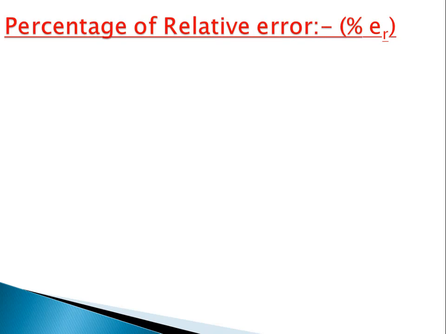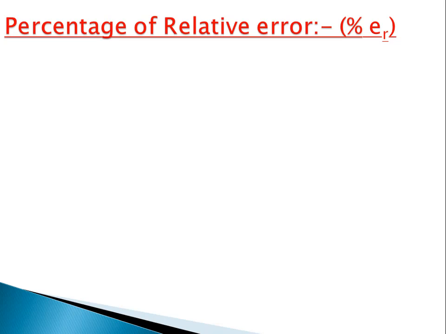Now the next parameter which we have to measure is percentage of relative error. Here you can see the percentage of relative error can be denoted as % er.